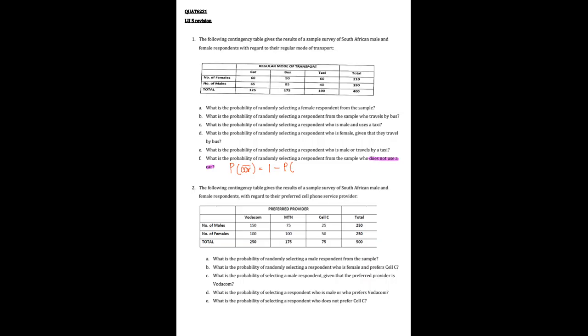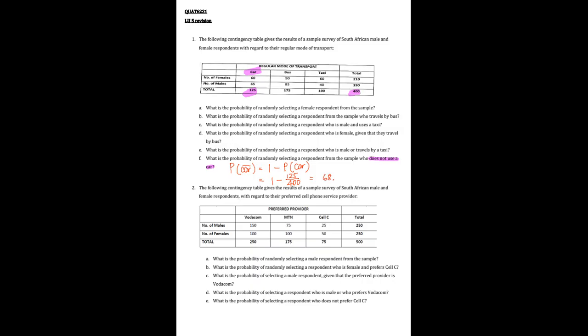And now you're going to say 1 minus the probability that they do use a car. Here's car, and the total is 125 out of 400. So it's 1 minus 125 out of 400. So this then will give you an answer of 68.75% as a percentage.